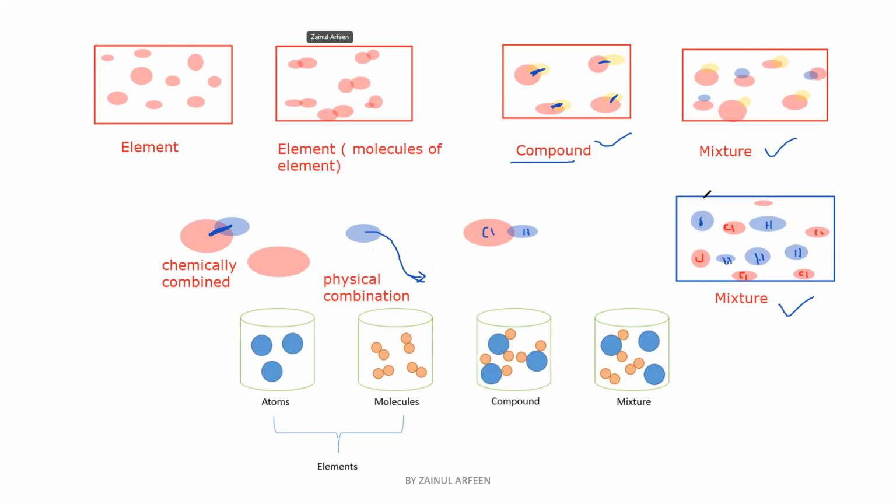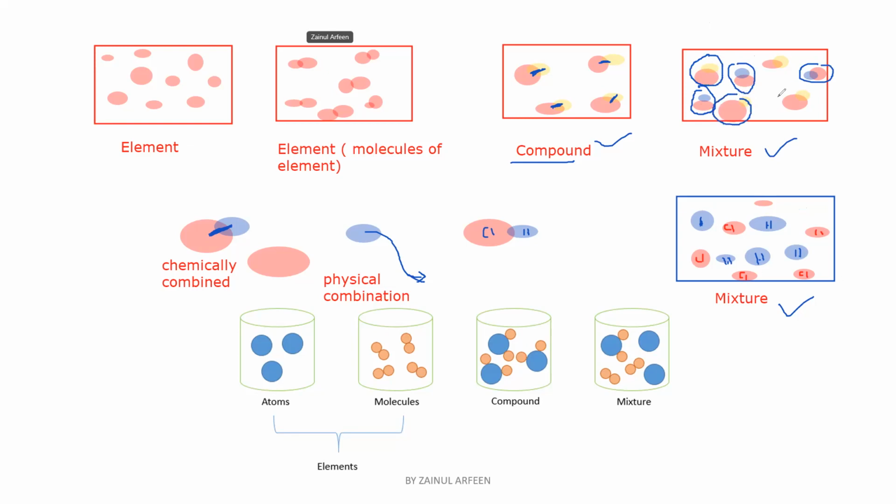In a mixture, they are not chemically combined. There are particles which are away from each other. Which one? The above one is a mixture of compounds. This is a compound, this is a compound, this is a compound. So this is one type of compound and this one is another type of compound.